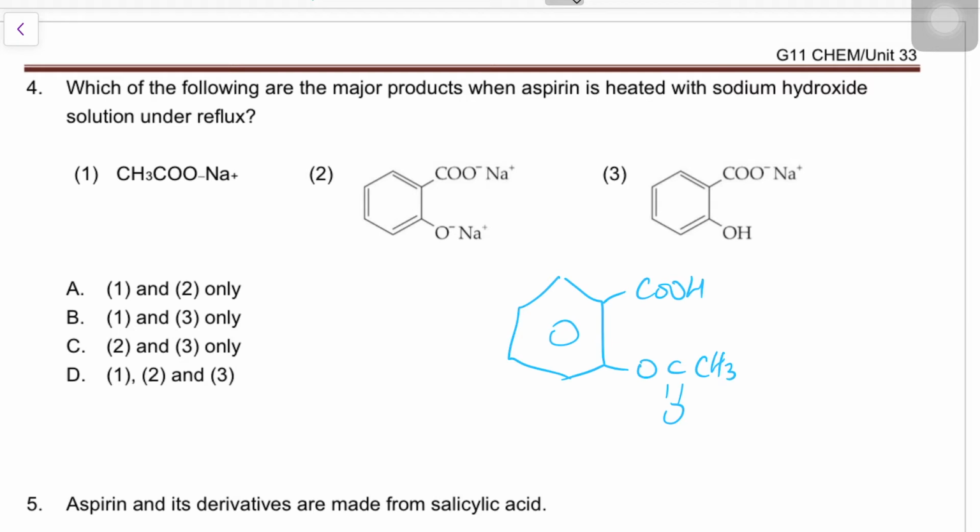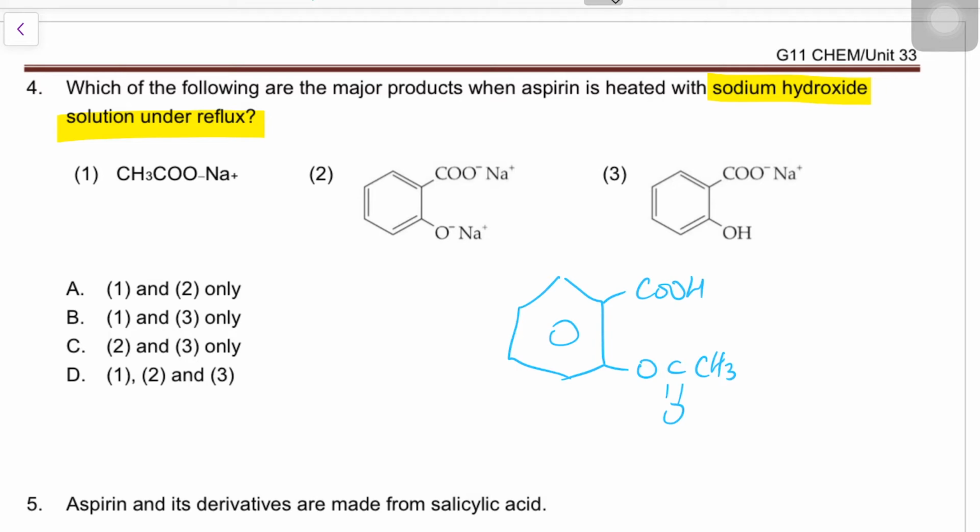At this moment, maybe you can forget the position first, because this is not so serious. Now, this is a sodium hydroxide solution under reflux. That means it's an alkaline hydrolysis and neutralization if necessary.